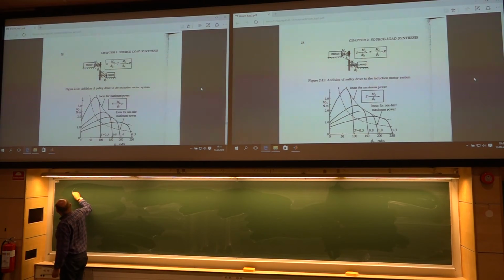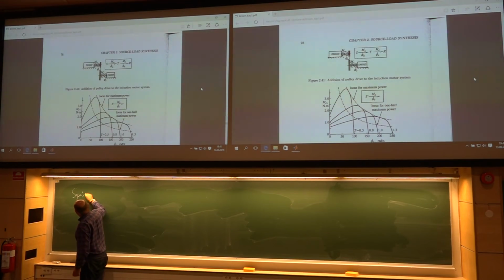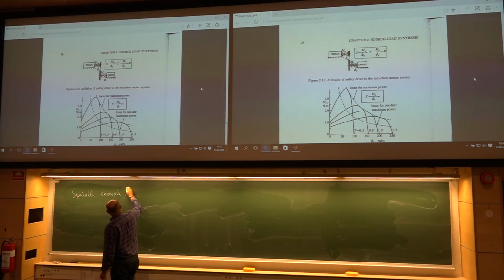Continuing sprinkler load example. Sprinkler example, continued.